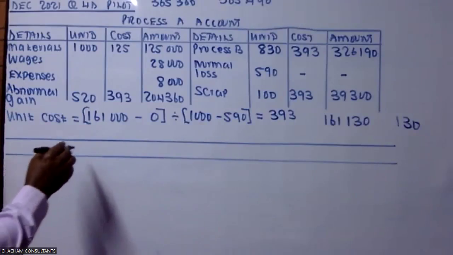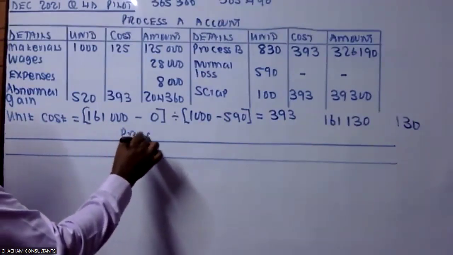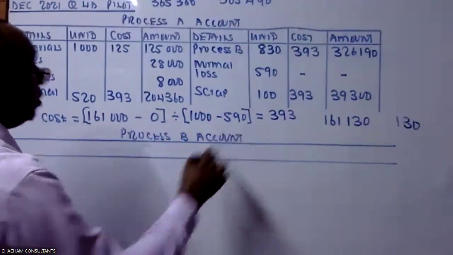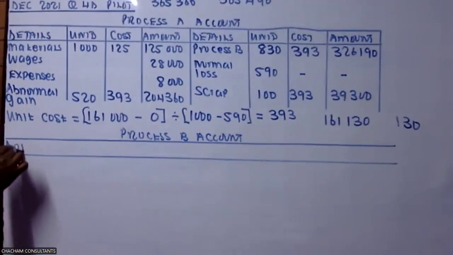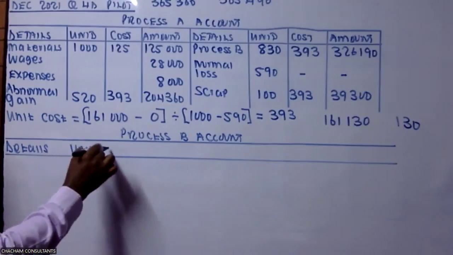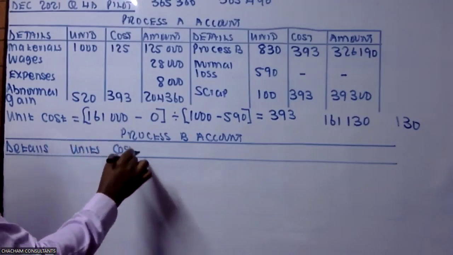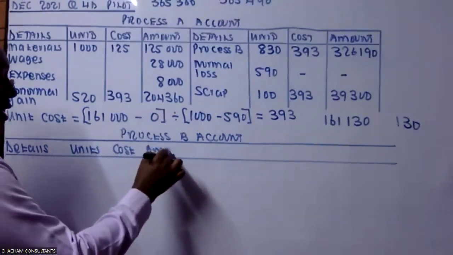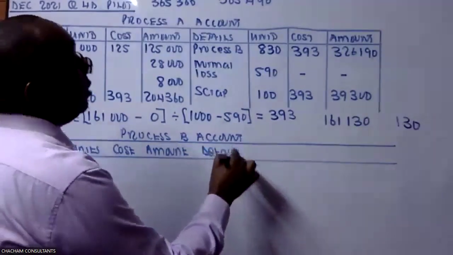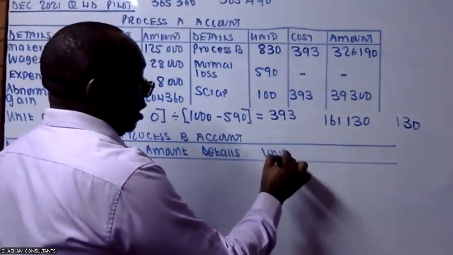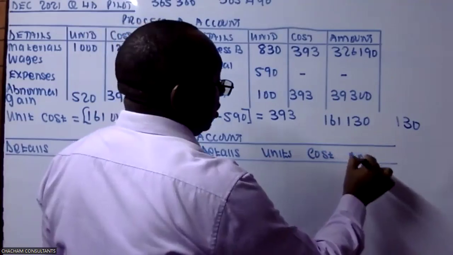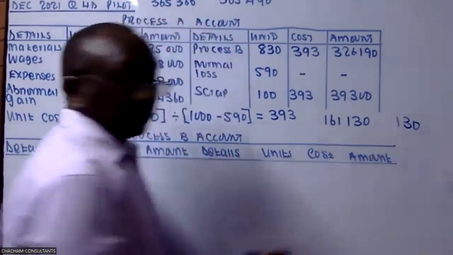So let's do the process B account. In the process B account, we have details, units, costs, and then amount. Then we do have details, units, costs and the amounts.